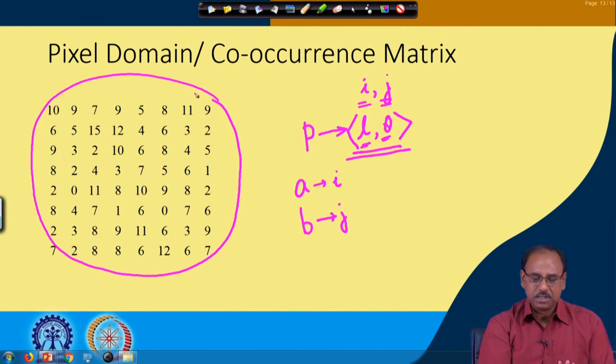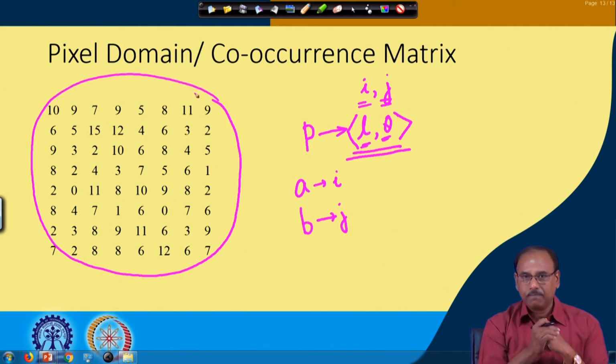That means it is basically a 4-bit quantization. So, the intensity value of every pixel varies from 0 to 15. I am not considering up to 255, because then my co-occurrence matrix size will be very high, and I want to find out the co-occurrence matrix for a particular L theta pair.